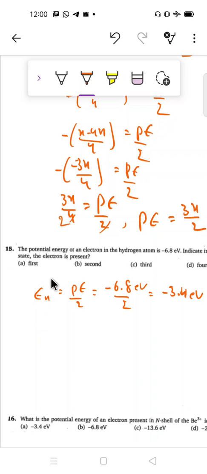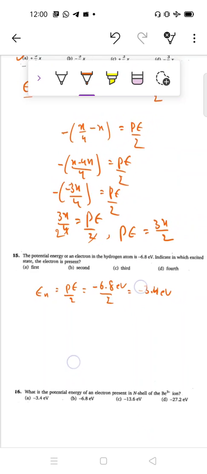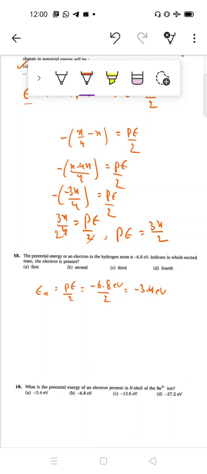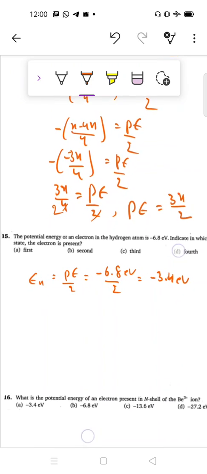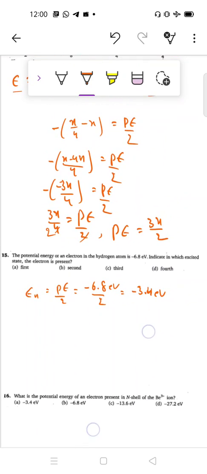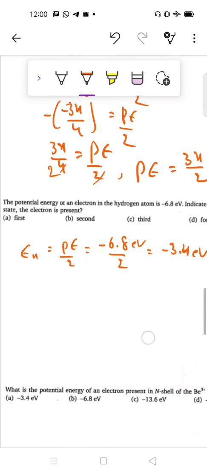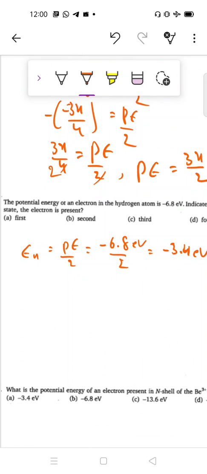How do we get which energy state it is? We have to find out in which excited state the electron is present. You can use the formula En is equal to minus 13.6 Z squared by n squared. For the hydrogen atom, Z is equal to 1.